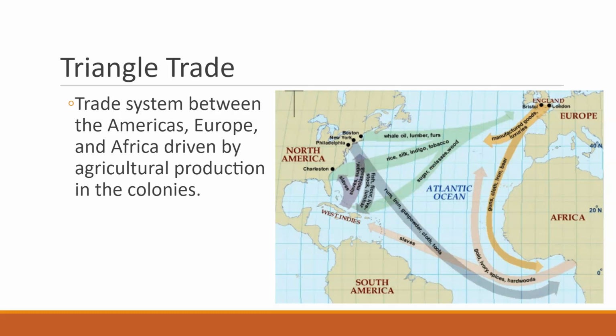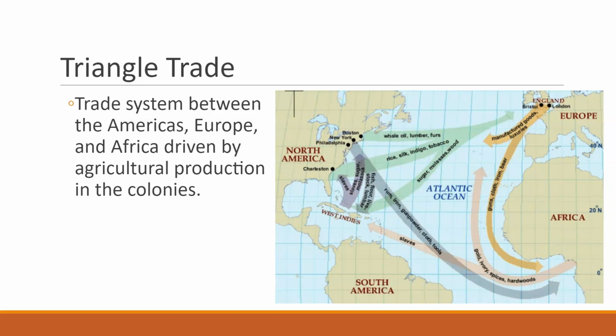Or any other iron tools that they really could not produce on their own. So in order to pay for these European goods, Africans would exchange ivory, which is made from elephant tusk, gold, spices, and of course, slaves.